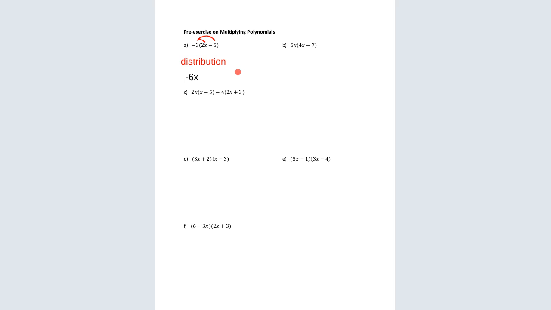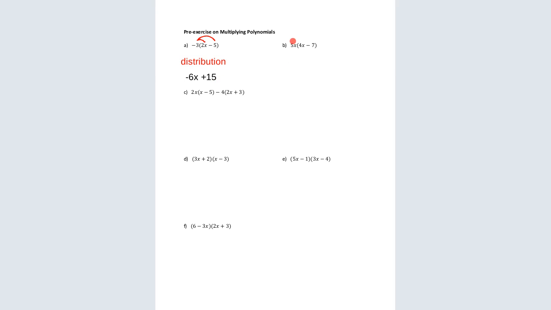If we think of that subtraction as adding a negative, that'll give us positive 15. So that kind of distribution we know how to do. So we can take a monomial. Remember that negative 3 out in front is really a monomial times a binomial. So a monomial times a binomial gives us negative 6x plus 15. Another binomial in this case.